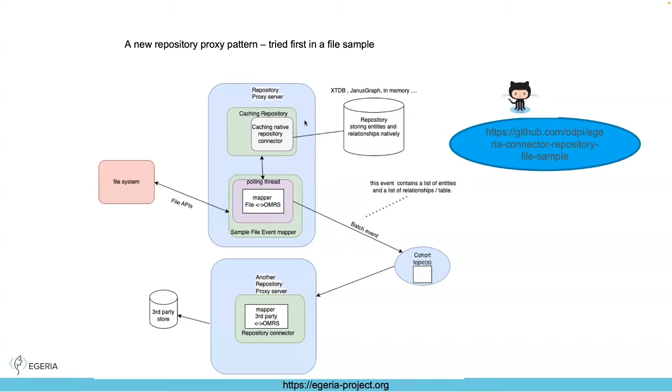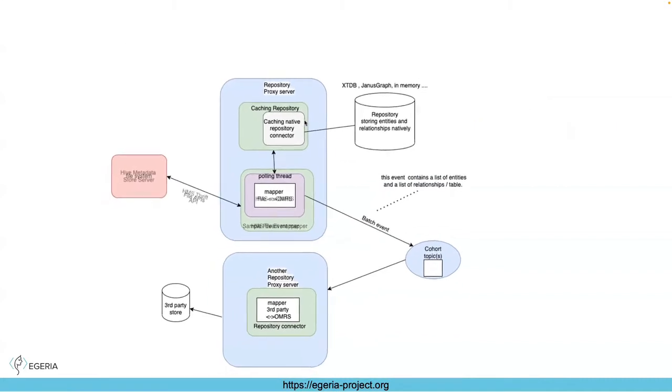We have the polling thread that just grabs the content and puts all of that content in Egeria format into the repository proxy, which then stores it in the native repository. And I've just put this is a public repo, so that is the GitHub URL for this file sample.